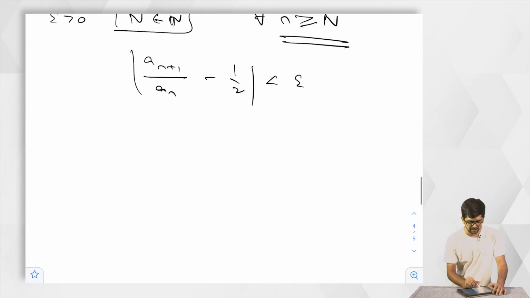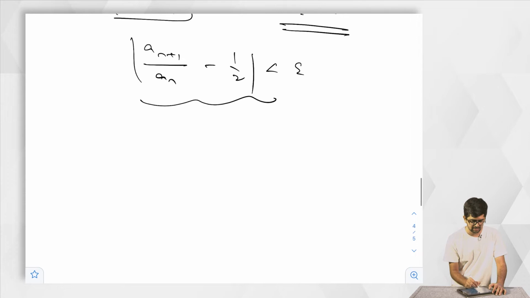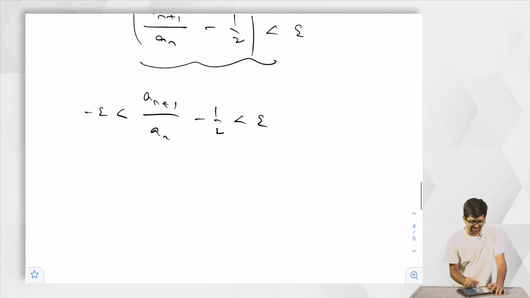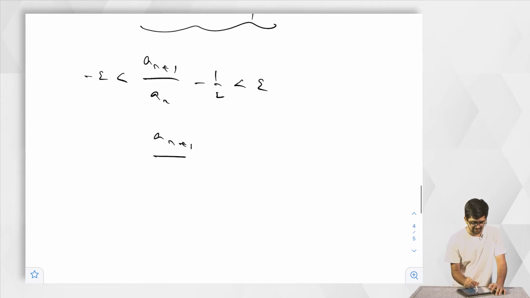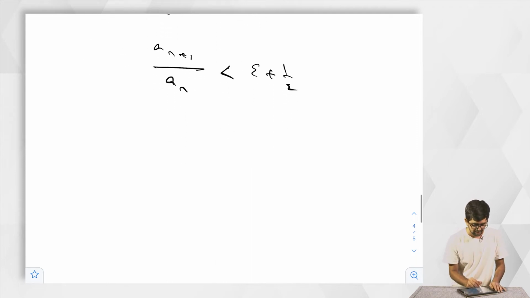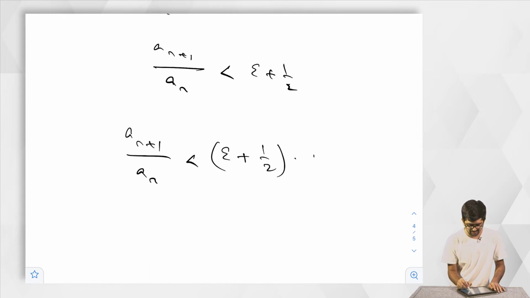Now let me just rewrite this. This is a_(n+1) by a_n minus half is less than epsilon, so minus epsilon is less than that, or a_(n+1) by a_n is less than epsilon plus half. The other side I am ignoring, it is not relevant for me. Now what do we have? a_(n+1) is less than epsilon plus 1 by 2 times a_n.